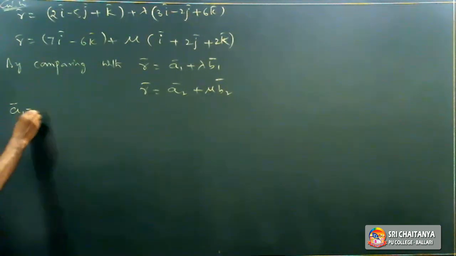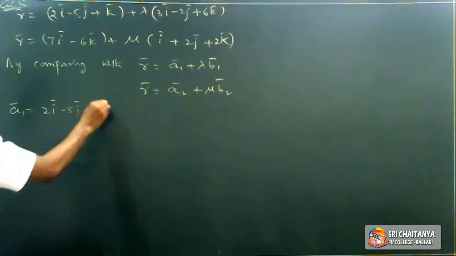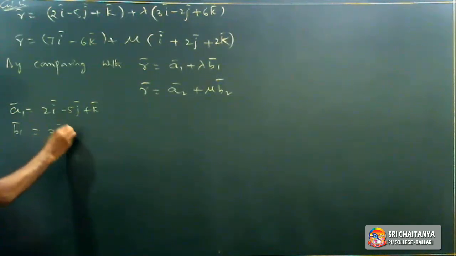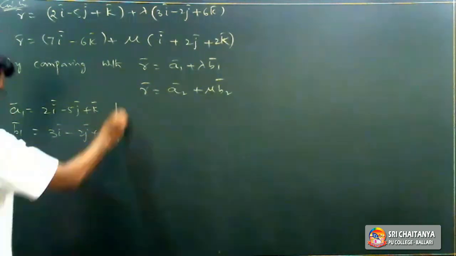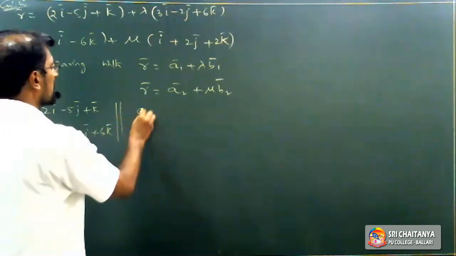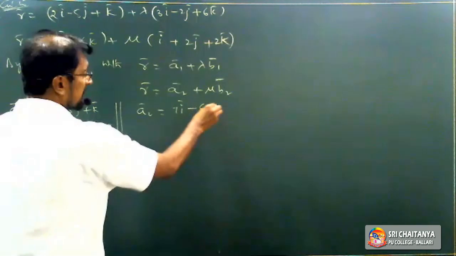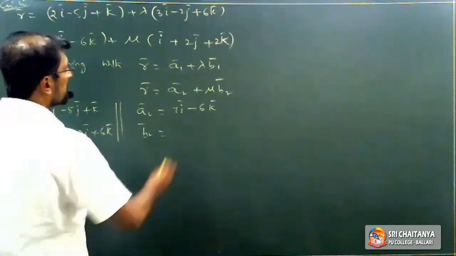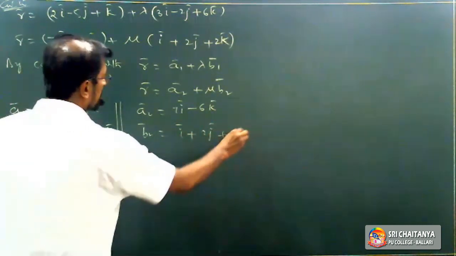A1 bar is equal to 2i minus 5j plus k. B1 bar is equal to 3i bar minus 2j bar plus 6k bar. Similarly, A2 bar is equal to 7i bar minus 6k bar. B2 bar is equal to i plus 2j bar plus 2k bar.